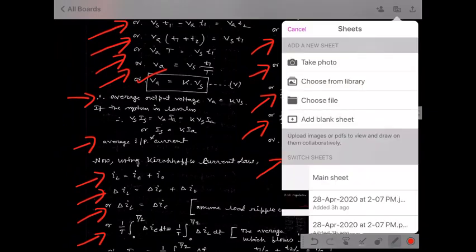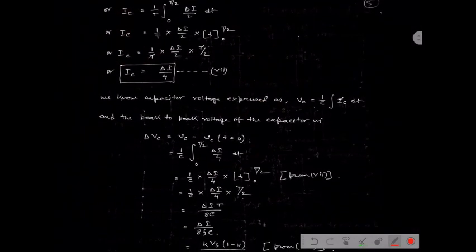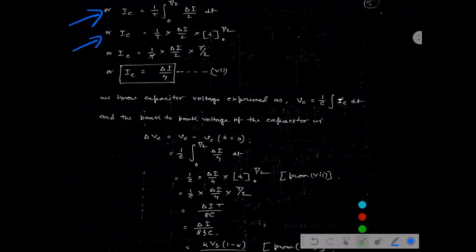Now for further calculation, we can say IC equal to 1 by T integration of 0 to T by 2 del I by 2 dt, just as we have discussed before. Here it is a simple integration in T, with upper limit T by 2 and lower limit 0.